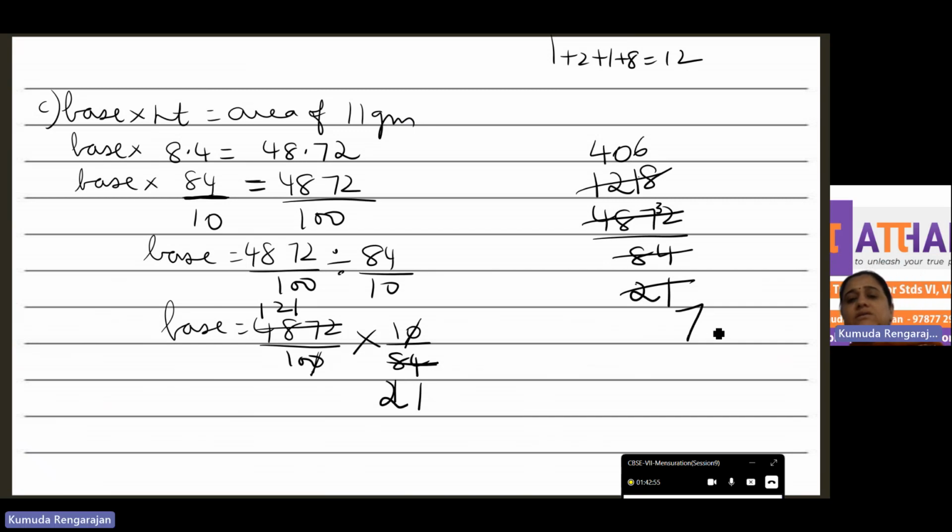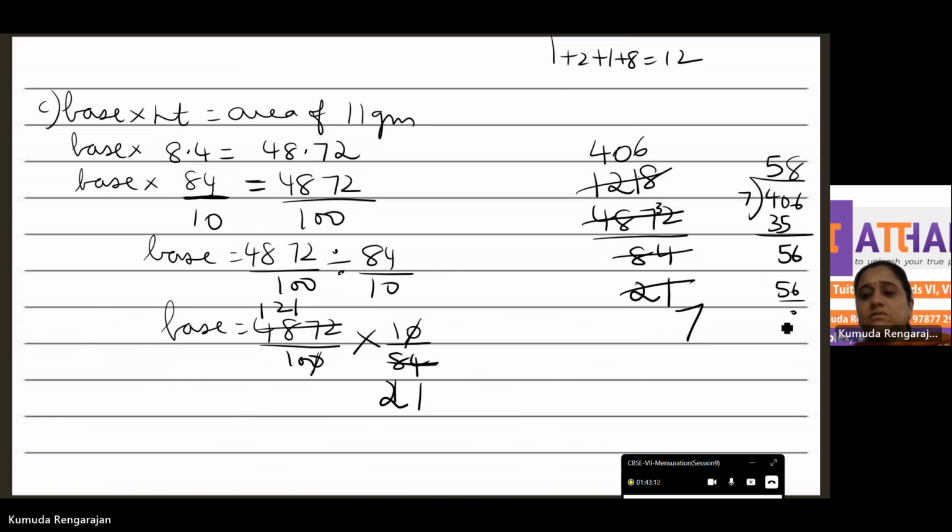Now try to divide by 7. Is it divisible by 7? You must try. You must not say no, you must try. 7 fives are 35. 5 is a remainder, 6 comes down. 7 eights are 56. So it's 58 by 10, which is 5.8. That is why I said don't disturb the denominator 10.